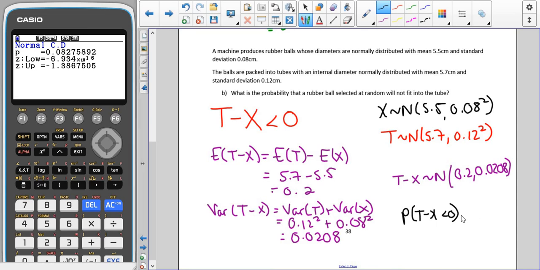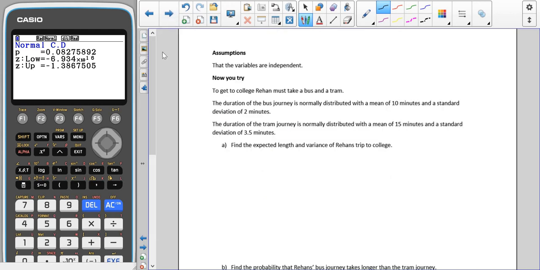And that gives us 0.0828. So that means that about 8.28% of the balls are not going to fit into the tube. Again, we have the same assumption that these are independent of each other, so the size of the balls are independent of the size of the tube that has been made to house them.